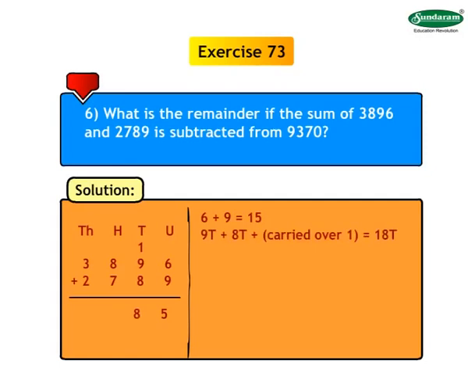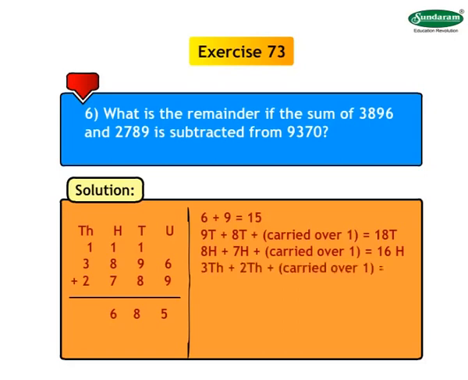Write 8 in tens place to left of 5 and carry 1 to hundreds place. In hundreds place, 800 plus 700 plus carried over 1 is equal to 1600. Write 6 to left of 8 in the answer, carry over 1 to thousands place. In thousands place, 3000 plus 2000 plus carried over 1 is equal to 6000.